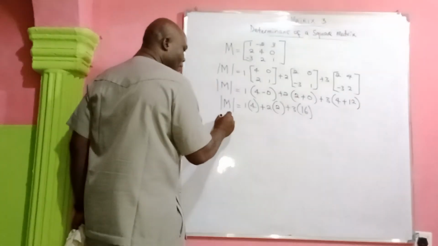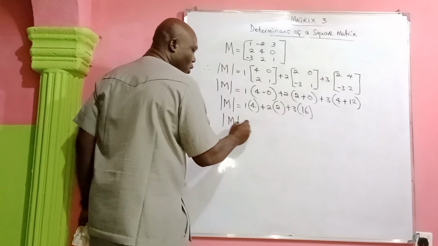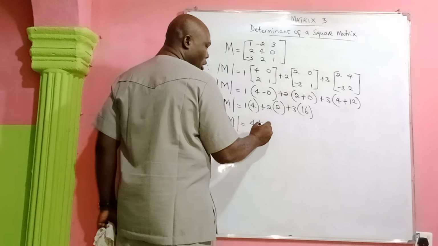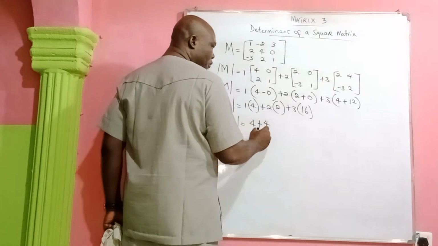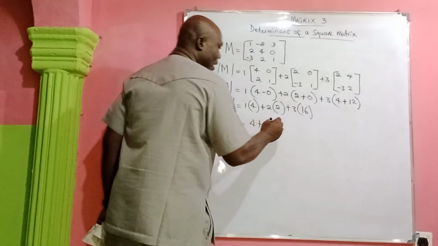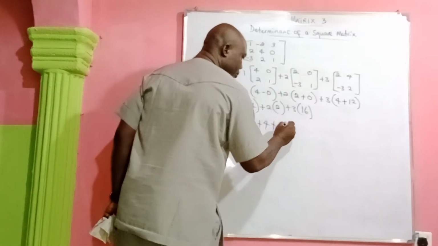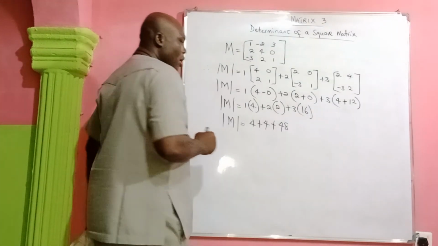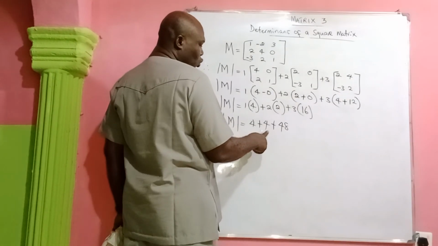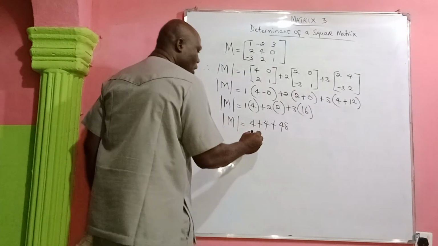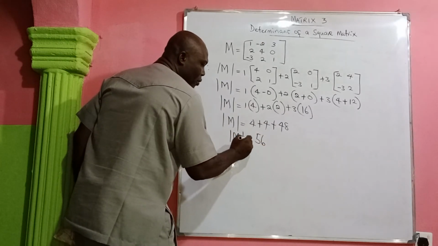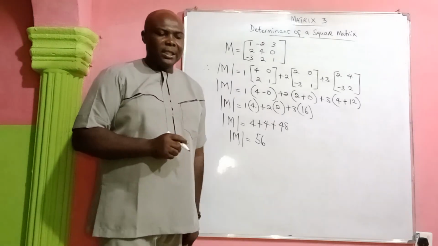So we are going to have the determinant of M to be equal to 1 times 4, which is 4, plus 2 times 2, which is 4, plus 3 times 16, that gives us 48. Alright, so 48 plus 4, that's 52. 52 plus 4, that's 56. It therefore means that the determinant of M will give us 56.